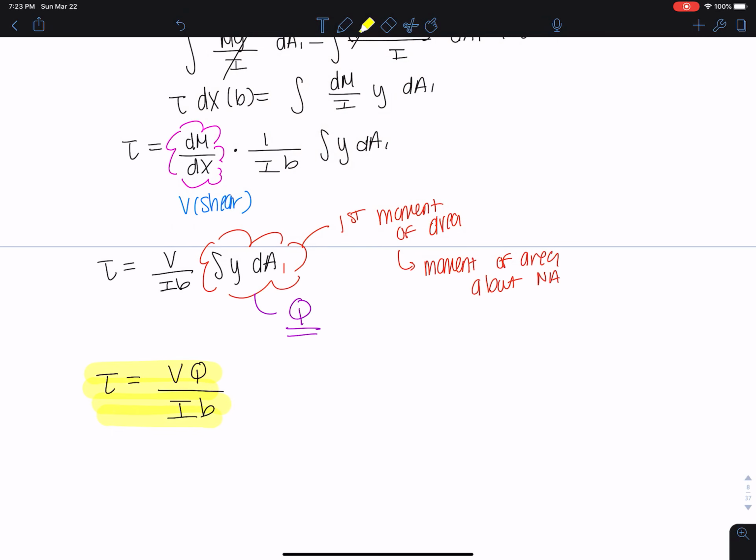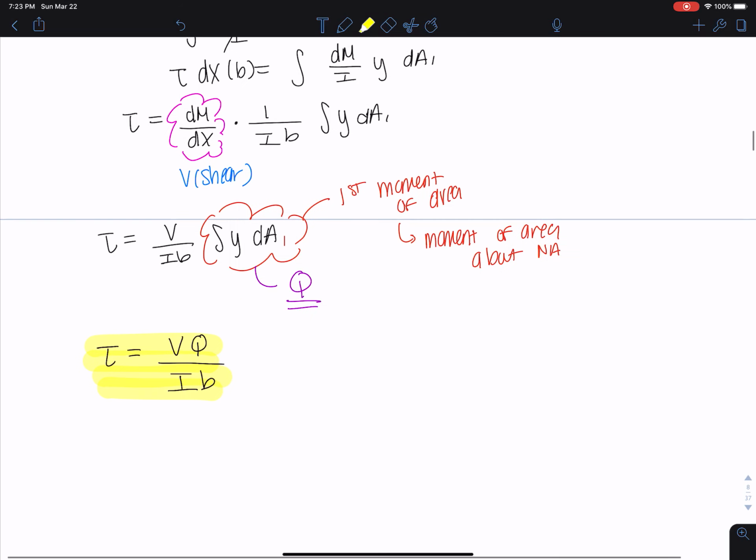So now this gives us the shear stress at some location in the beam.